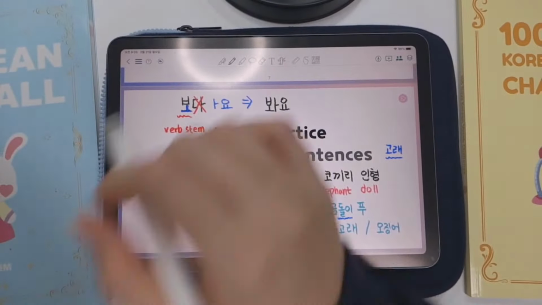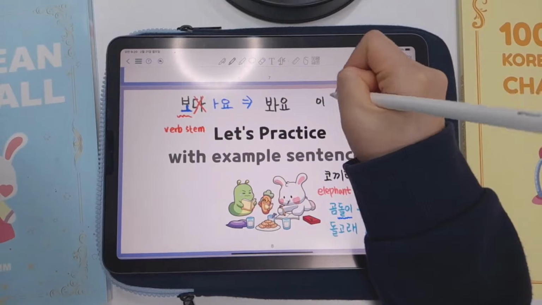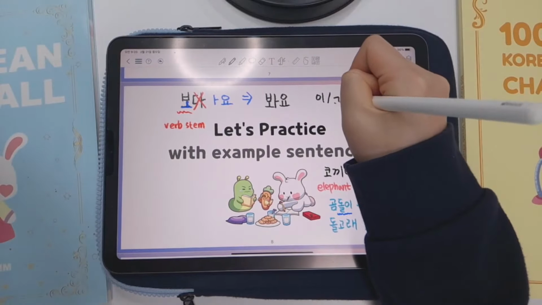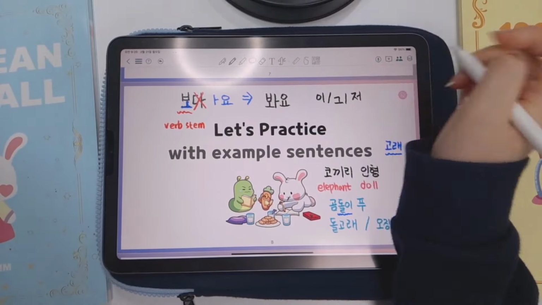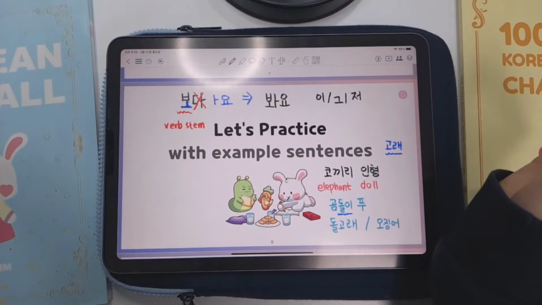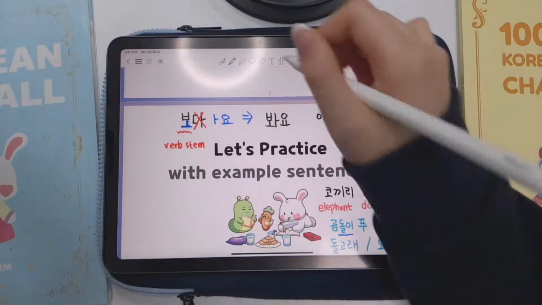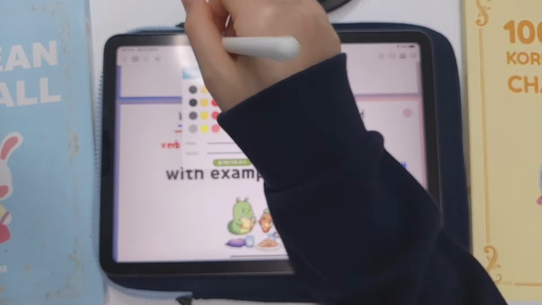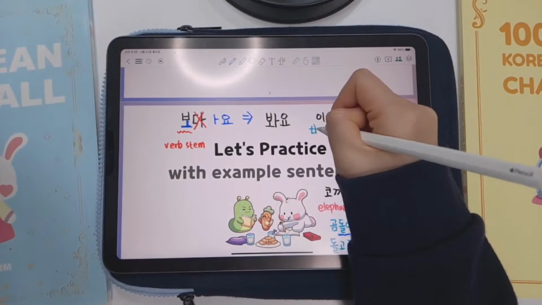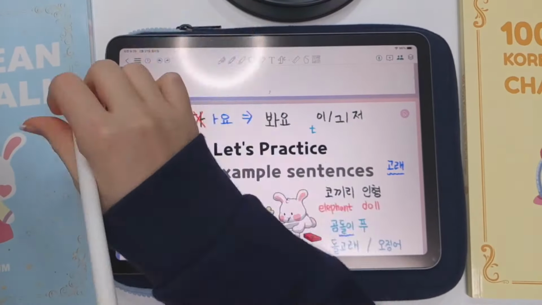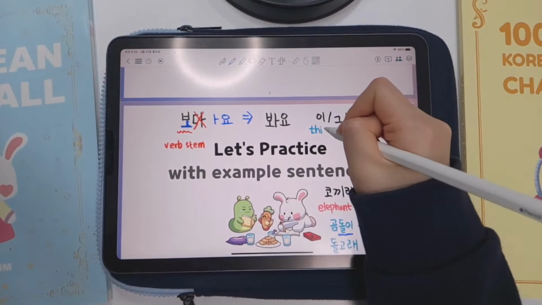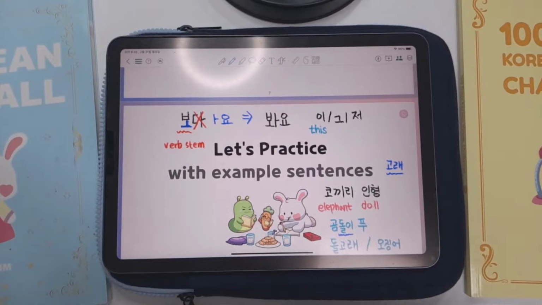Do you still remember 이, 그, 저? Do you guys still remember 이, 그, 저? 이 is for this, which is closer to the speaker.